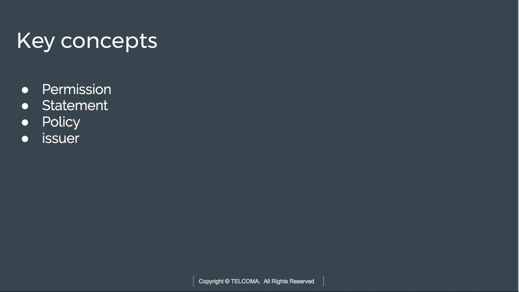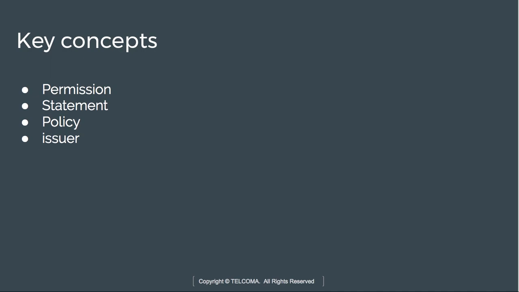Next we have policy. A policy is a document that acts as a container for one or more statements. That means we can save statements in a policy as it is a document. Now, an issuer is a person who writes a policy to grant permissions for a particular resource.